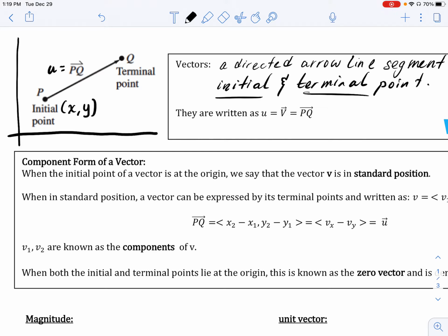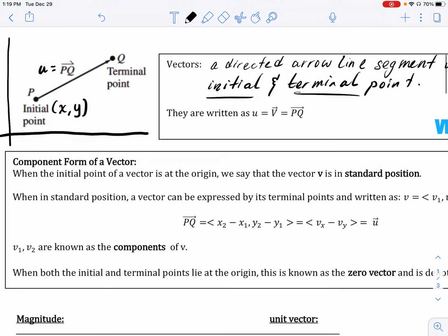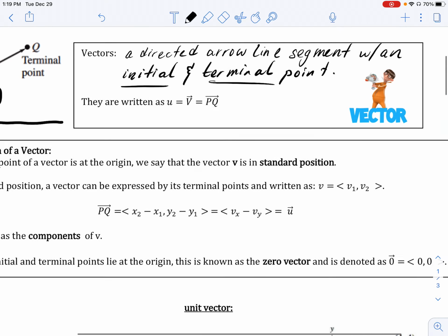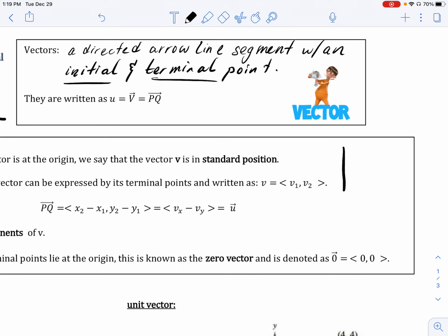When a vector is in standard position, we can often just express the vector by its terminal point. For example, if I were to draw a vector here with its initial point at 0, 0, and let's say the terminal point is 4, 2, we can say that vector v, we can describe it in terms of its terminal point.